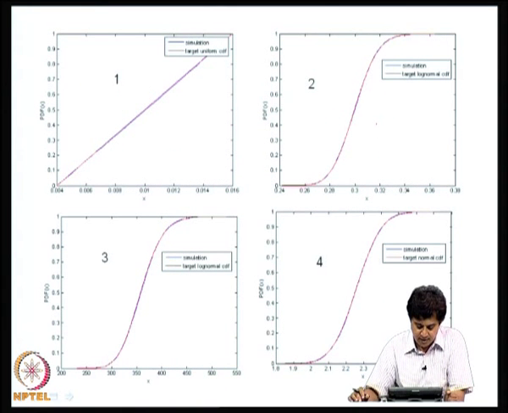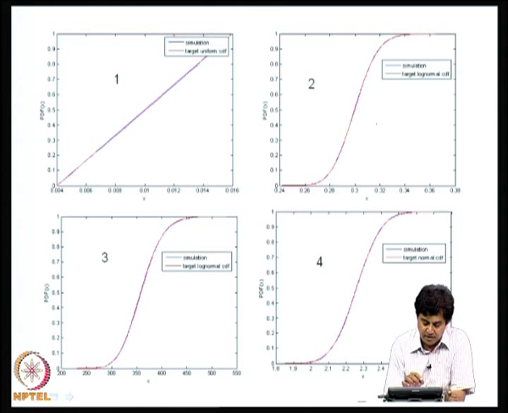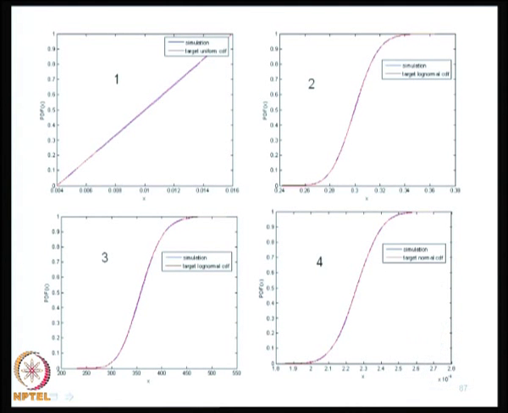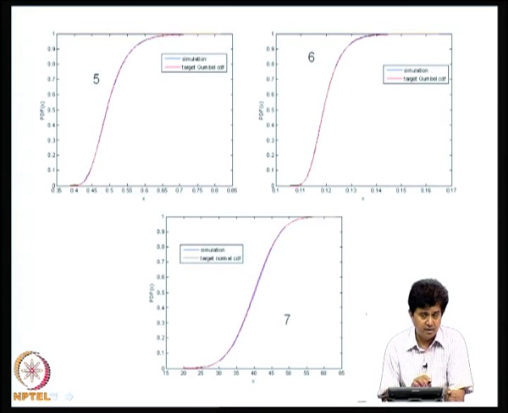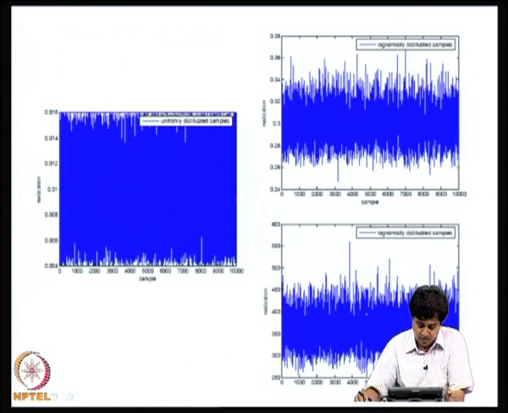So, these are simulation results with 5,000 samples, blue is simulation, red is the target, this is uniform distribution, this is log normal, I think this is normal, and so on, extreme values and normal, so on and so forth. So, again the agreement is quite satisfactory. So, this method seems to work quite well.